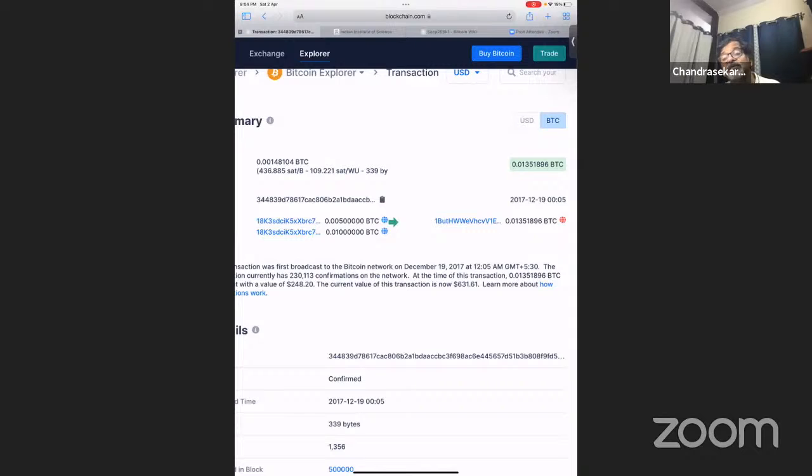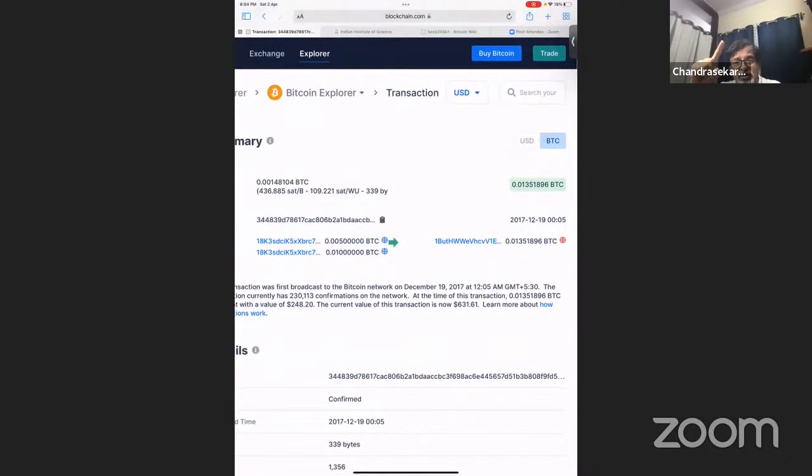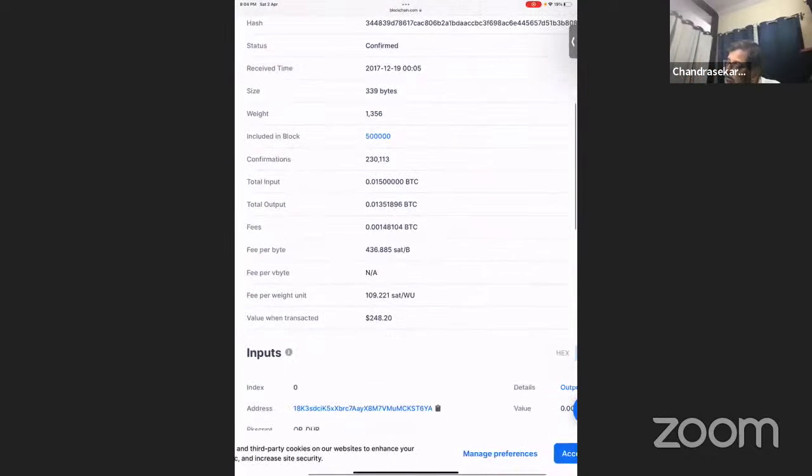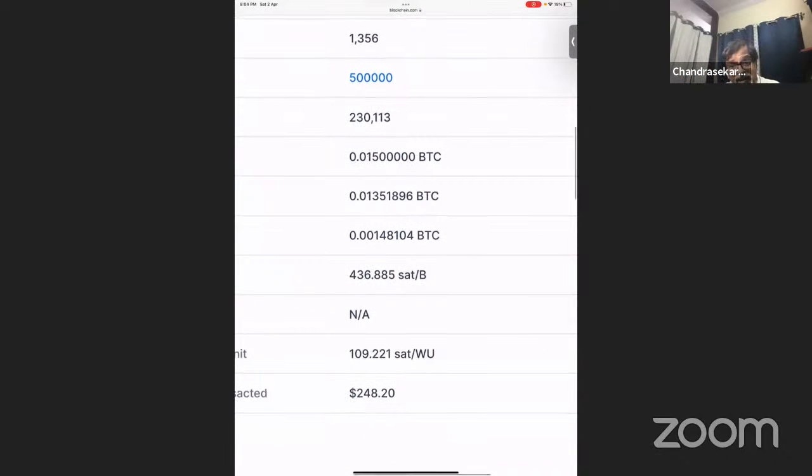So input minus output is the fee. In this case, there is only one output. He managed to find 2 transactions which were very close to the requirement to be sent, so he has only one output. So input is this much, output is this much. That's all there is in the transaction. The difference is the transaction fee, and that will be taken automatically.